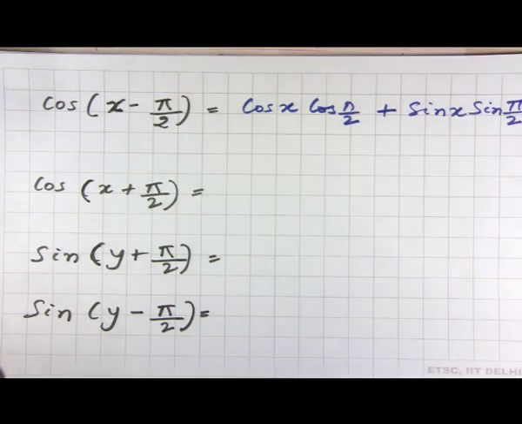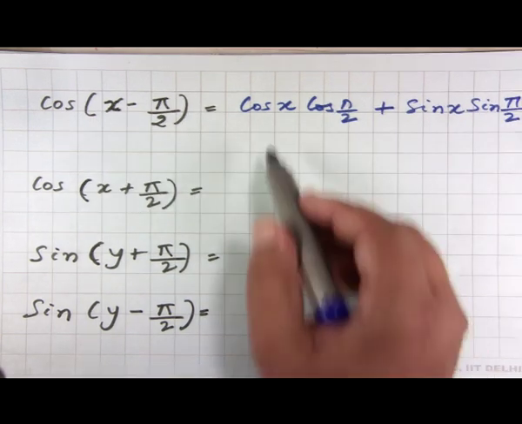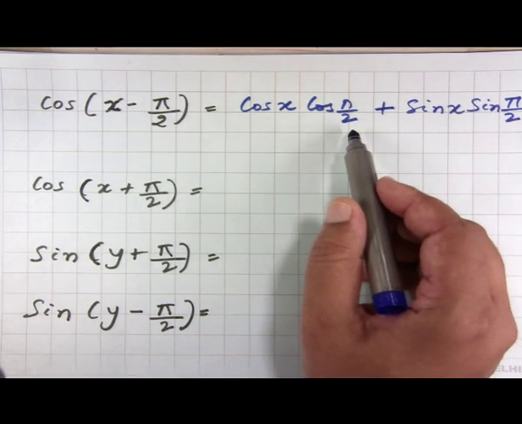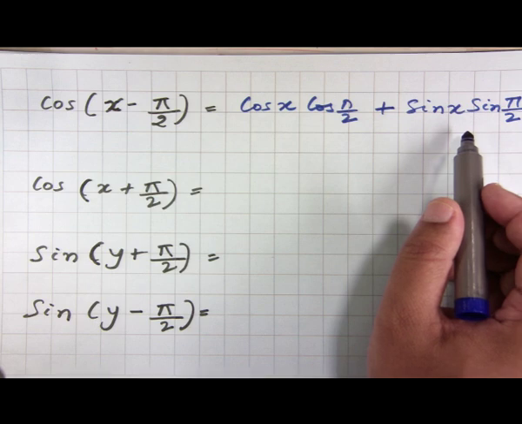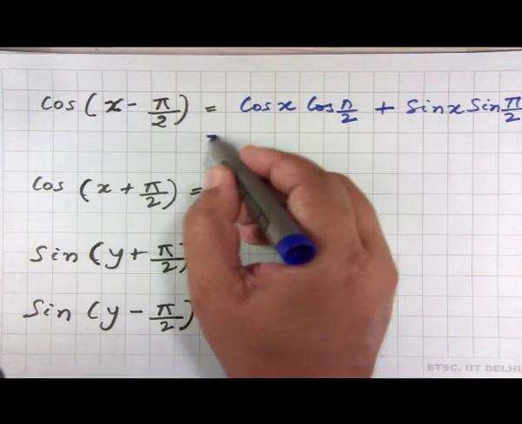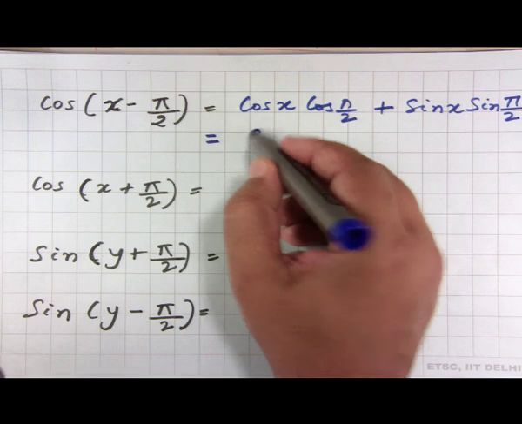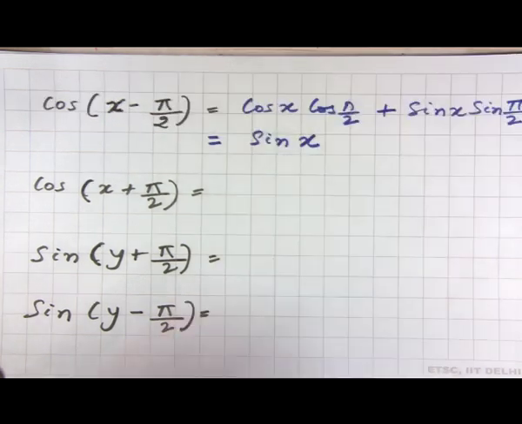We know that cos of pi by 2 is 0 and sin of pi by 2 is equal to 1, and therefore, the first term in this summation will be 0, and only the second term is going to contribute. So, this is equal to sin of x.